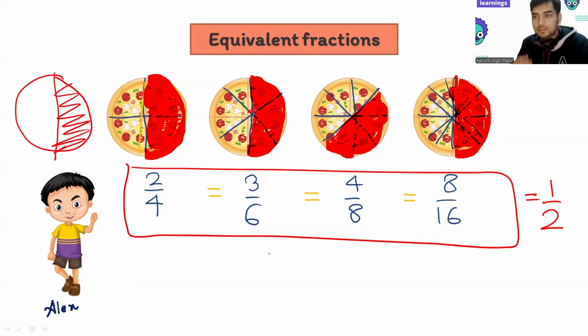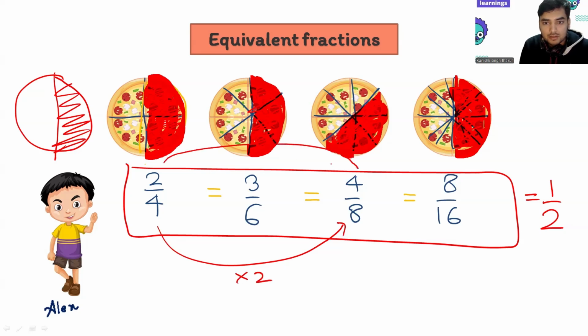Suppose you have to do some calculation, so your part size would be equal. You can make it with the help of equivalent fractions. 2 over 4 can be made as 4 over 8 when you multiply by the same number in the numerator and denominator. I multiply by 2 in the numerator and denominator, so I can write it as 4 over 8.